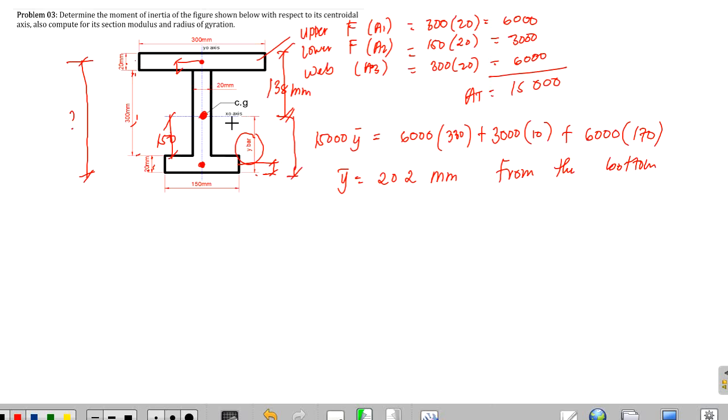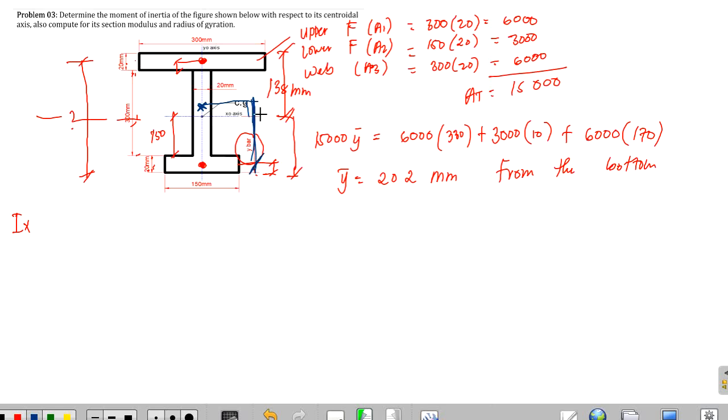Okay? Since on my diagram my y bar is from the bottom, I will use my y bar from the bottom. So my y bar is equal to 202 mm from the bottom. This will be our centroid.